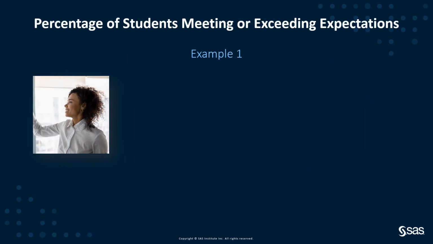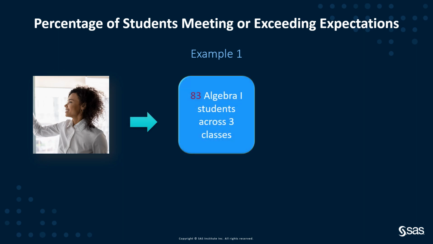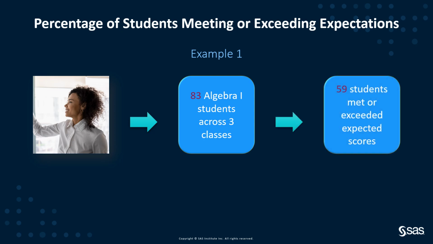Next, let's consider how the results can be used to provide the percentage of a teacher's students meeting or exceeding expectations. This teacher instructs 83 students in Algebra 1 across 3 different classes. 59 of those students met or exceeded their expected scores.